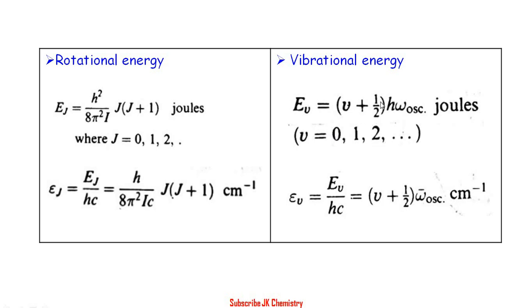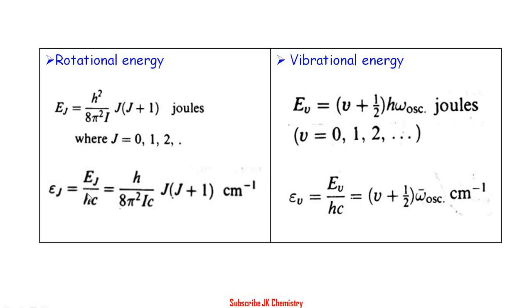So it can be compared with our most familiar equation, E = hν. Before hν you have this factor, v plus half, where ω oscillation is nothing but the frequency of oscillation. Instead of ν we are using another notation, ν oscillation. That's all. But in spectroscopy, energy is expressed in centimeter inverse. So how can we convert joule into centimeter inverse?